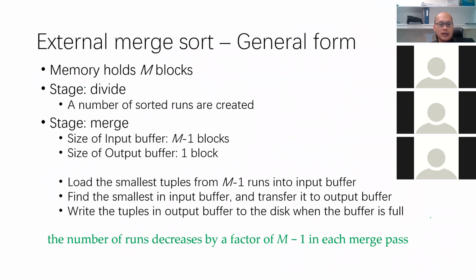This is the algorithm for it. Let's say the memory holds M blocks. We have the divide stage, and then the conquer or merge stage. In the divide stage, we create the sorted runs.